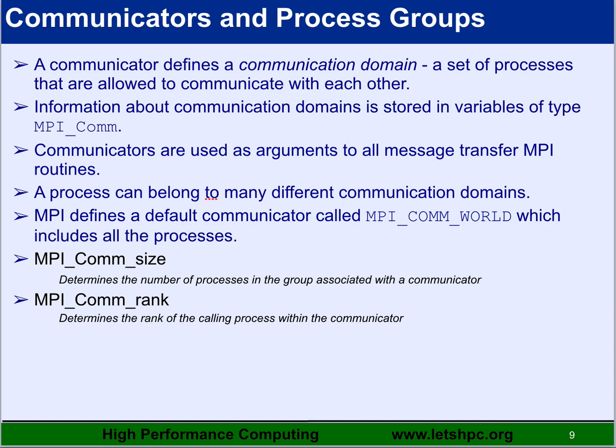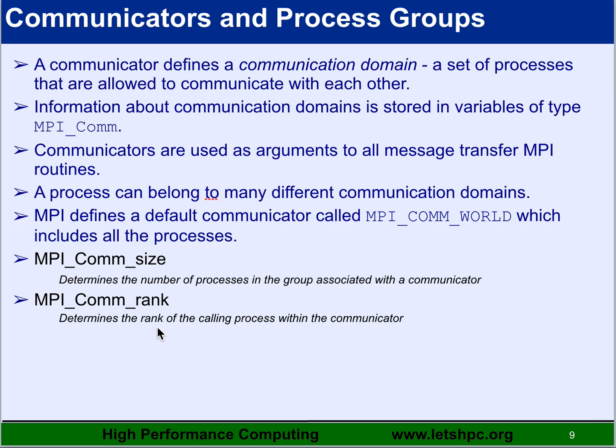And then we can always define other communication domains, which can consist of fewer processes, and they can be given different names. By default, we always have MPI_COMM_WORLD, which includes all the processes. MPI_Comm_size returns the number of processes in the group associated with a particular communication domain.